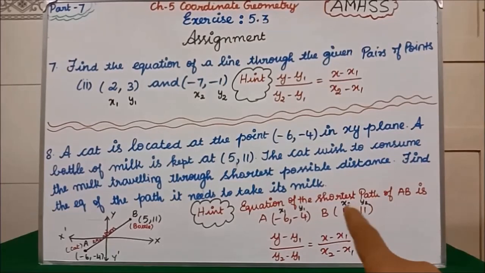Clear? This equation, if you substitute this value, you know what is x1, y1, x2, y2. You just substitute and do cross multiplication. At last you will get the equation. That is your answer. Here only 2 problems we are going to do as homework in part 7 video.